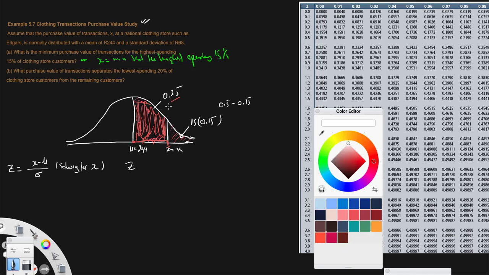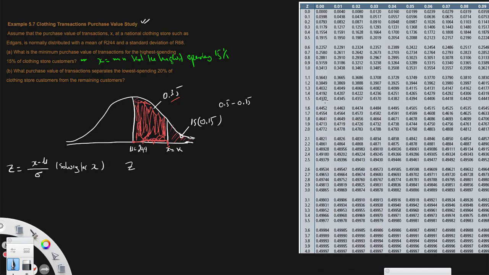So I'm going to go on the table and look for 0.35, or the closest value here would be, I'll go for 1.04. The reason why I'm going there is because it's the closest value to 0.35.